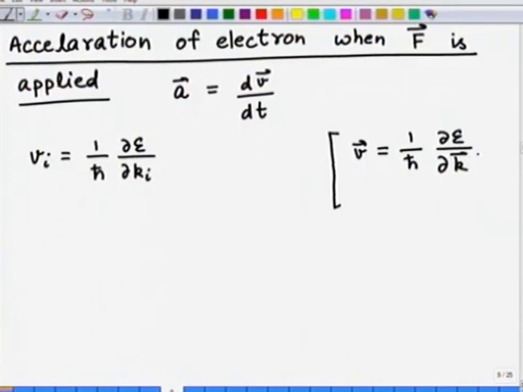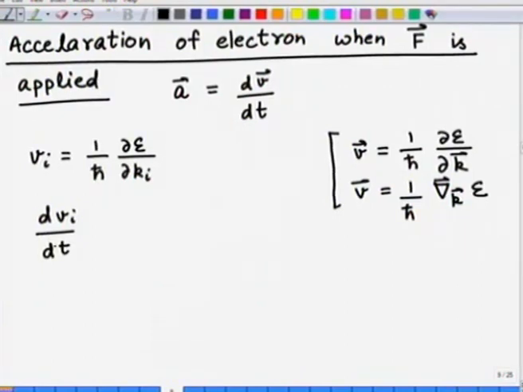If you prefer this way, then we can write it as follows. Or, equivalently, v is equal to 1 over h bar gradient with respect to k of energy. If that is the case, let us find what this quantity is, dv_i dt, the total derivative.